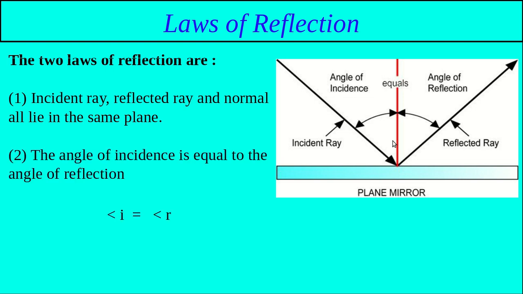The second law of reflection states that the angle of incidence, which is the angle between the normal to the mirror and the incident ray, is equal to the angle of reflection, which is basically the angle between the normal and the reflected ray.